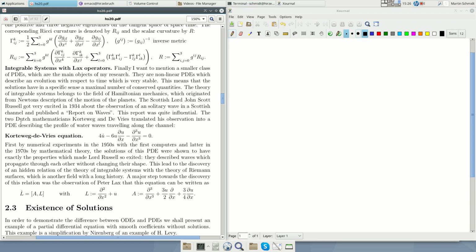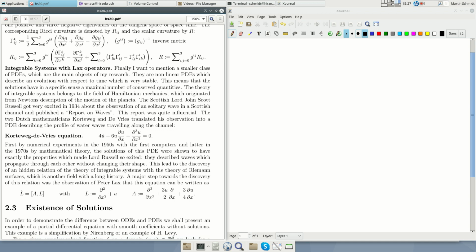Two Dutch mathematicians translated his observation into a PDE describing the profile of a water wave which travels along a channel. So this function u only describes the profile of the wave along the channel. For this reason, u only depends on one space variable and time. Because in their approximation, they consider that the profile of the wave only depends on a coordinate along the channel.